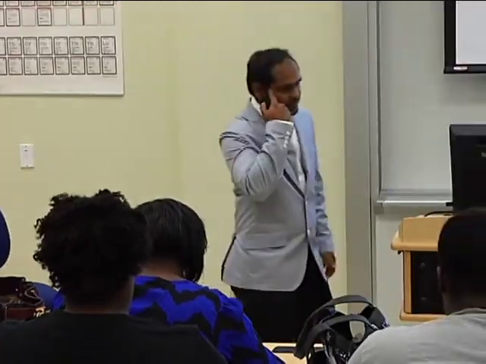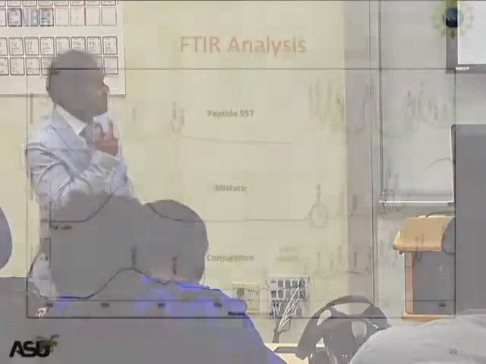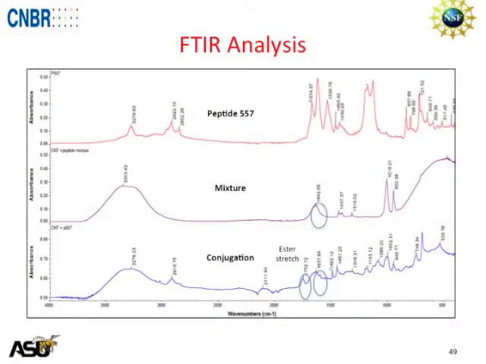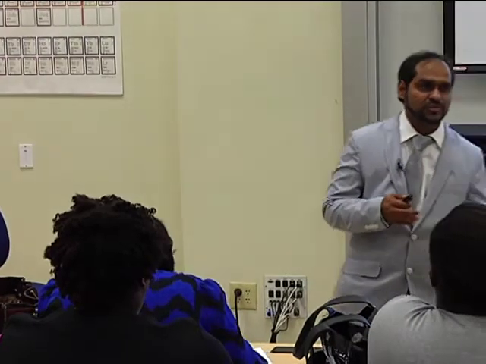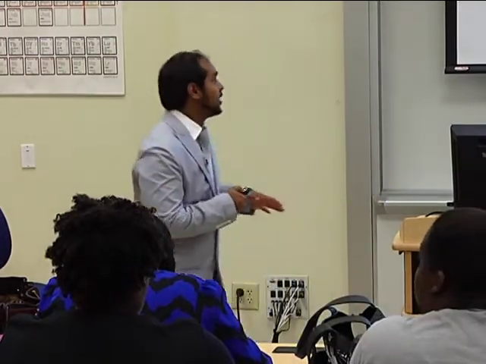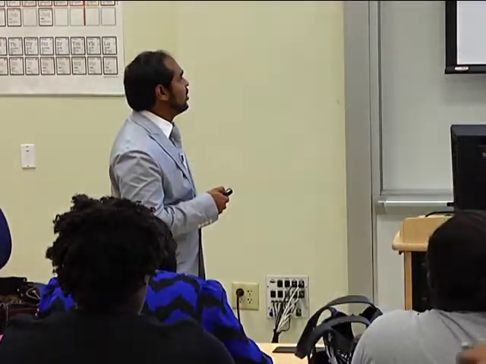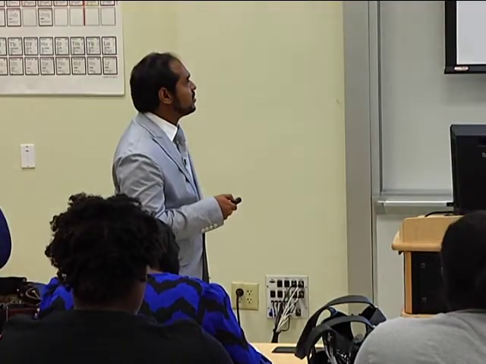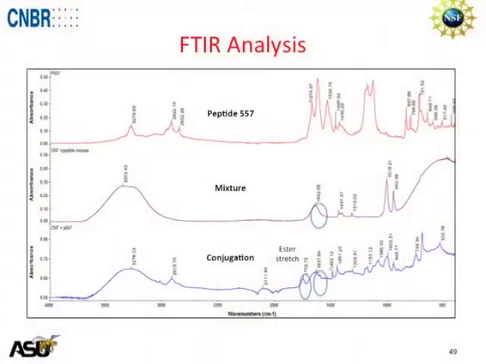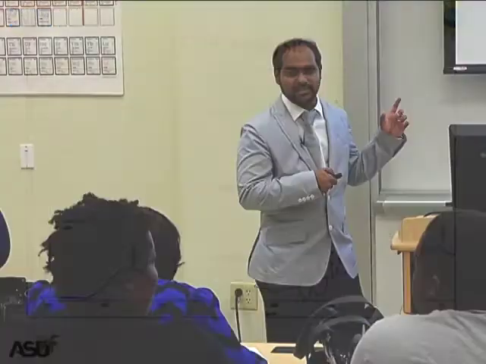Then we carried out FTIR, Fourier transform infrared analysis, which shows the presence of functional groups in a given molecule. As you can see, the mixture had similar peaks to that of the peptide, and some of the stretches in the functionalized silver CNTs were the same as those of the peptide.